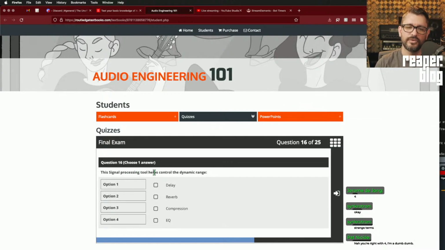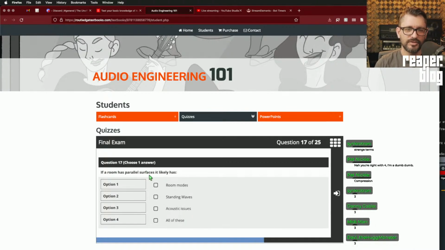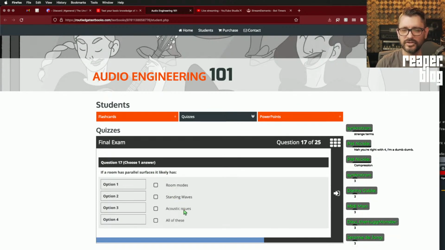The signal processing tool helps control the dynamic range: delay, reverb, compression, or EQ. Which one of these affects dynamics? Only compression. If a room has parallel surfaces, it likely has room modes, standing waves, acoustic issues, or all of these.